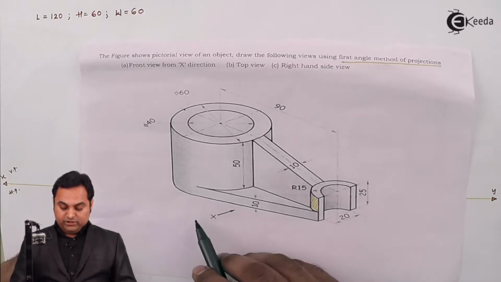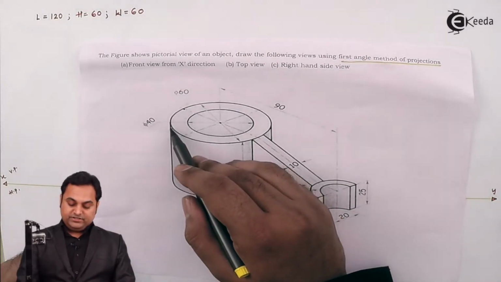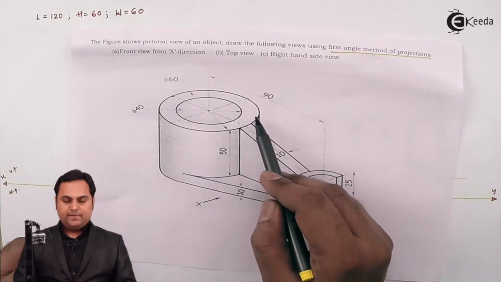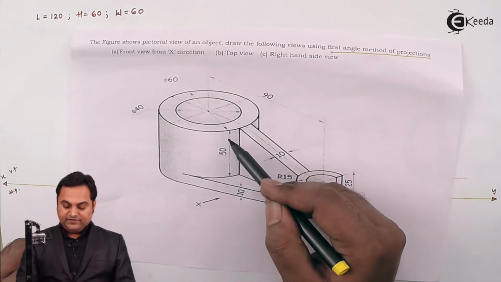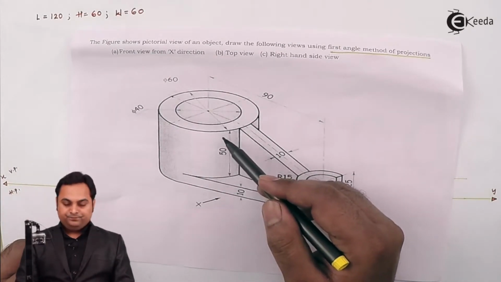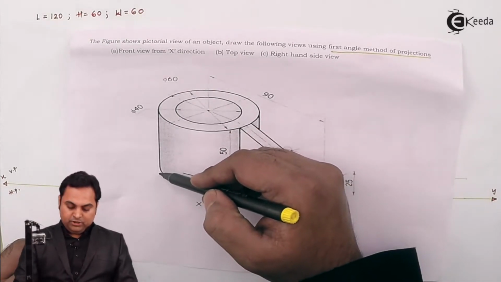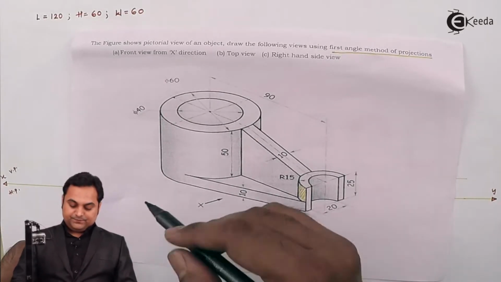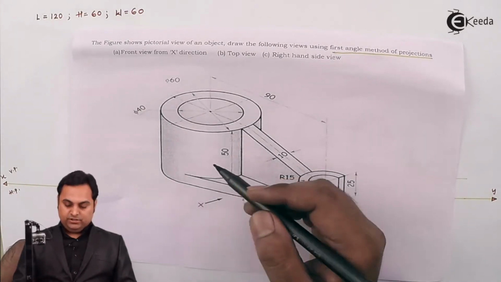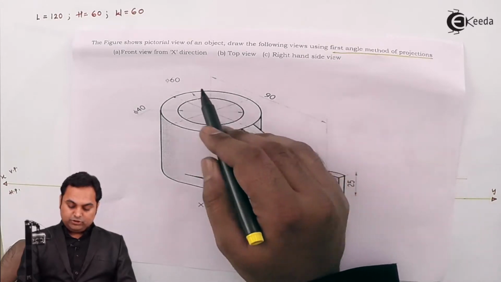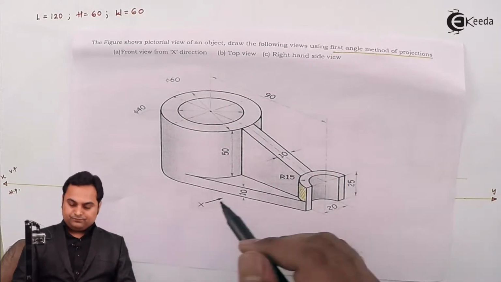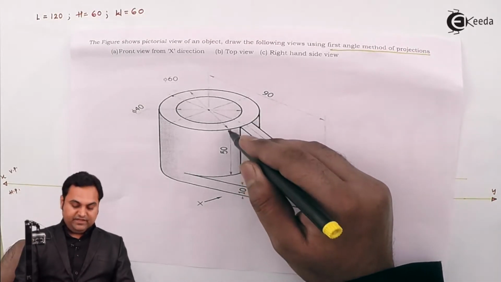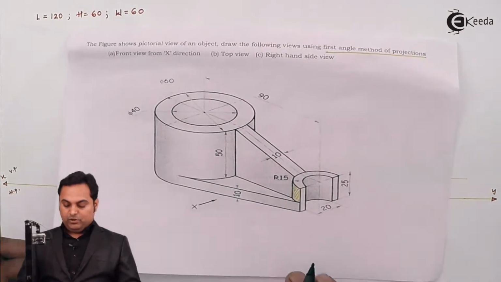Again, when we are looking along X direction, this is a complete cylinder having diameter 60 mm and its height is 50 mm over the 10 mm block, whereas from the bottom the total height of the cylinder is 60 mm. Next, looking along X direction, this cylinder will also be seen as a rectangle having length equal to 60 mm and its height is 50 mm over the 10 mm block.